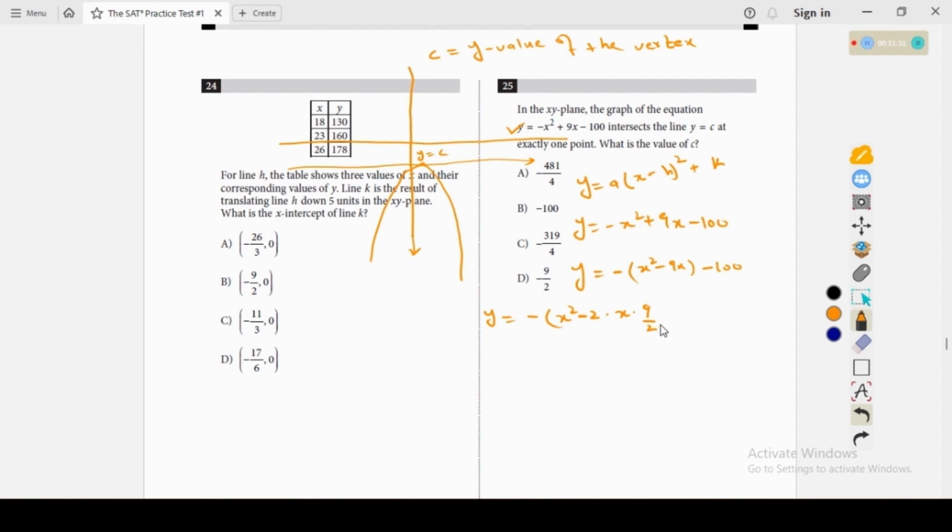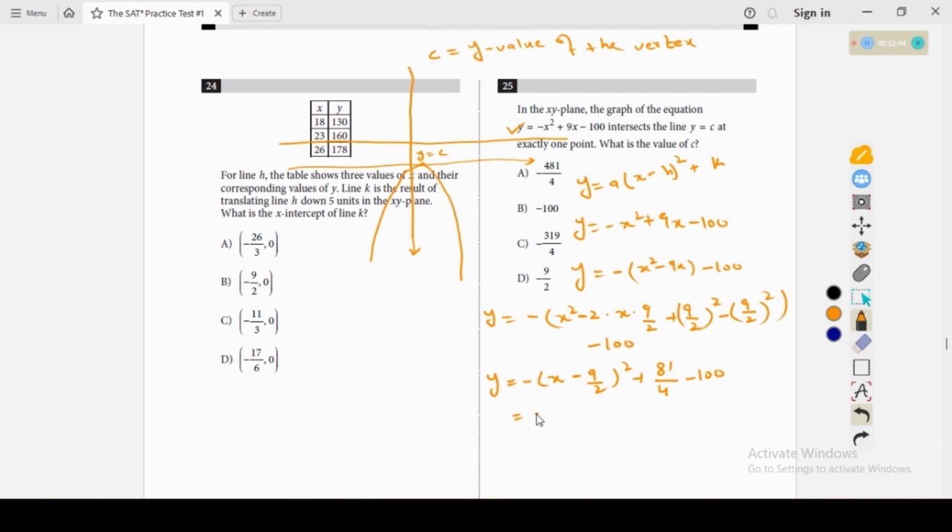I am using the completing the square method, so by adding and subtracting 9 by 2 whole square, this equation becomes y equals negative times x minus 9 by 2 whole square plus 81 over 4 minus 100.